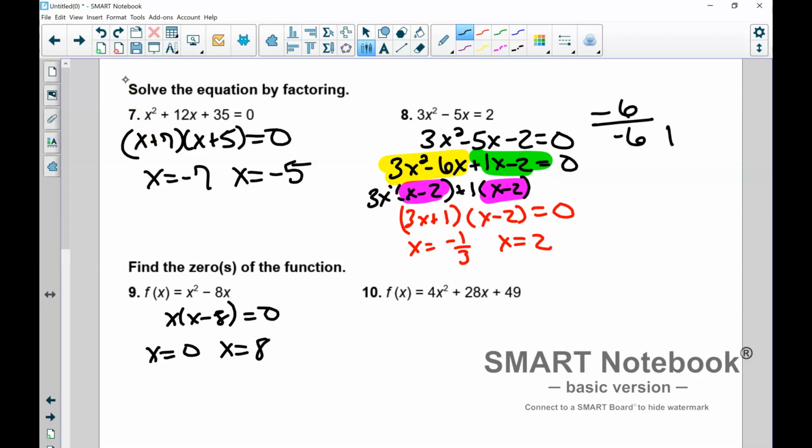Let's see, 4 times 49 is going to give me 196. So I have no idea what the factors of 196 are. So 196 divided by 2 is 98. 196 divided by 3, nope. 49 and 4.